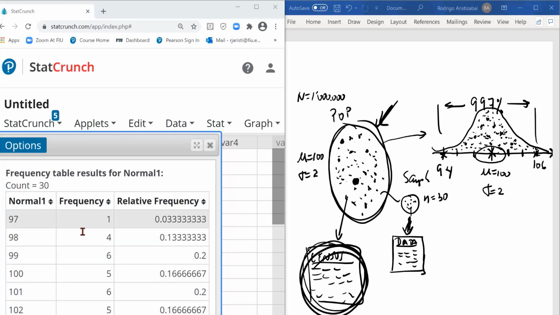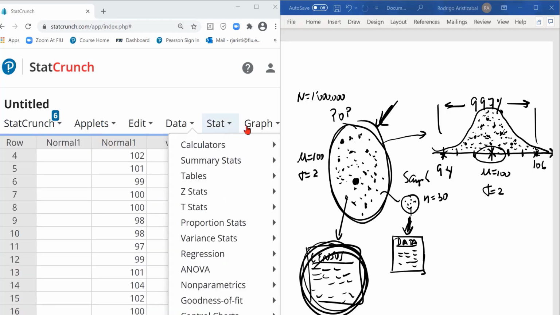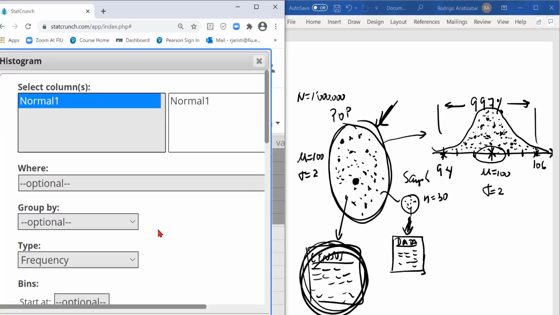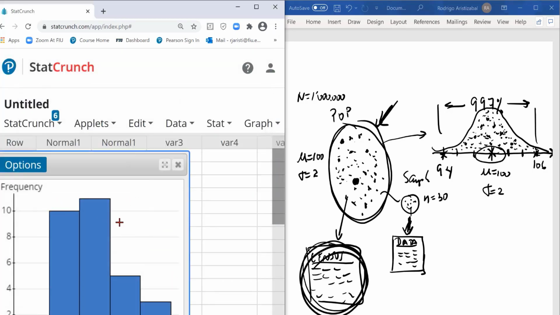The minimum value is 97, the maximum value is 105. Most of the values are actually located between 98 and 102. Also, we can obtain a histogram here in Graph, Histogram. My data is located in this column, compute, and we have the histogram.